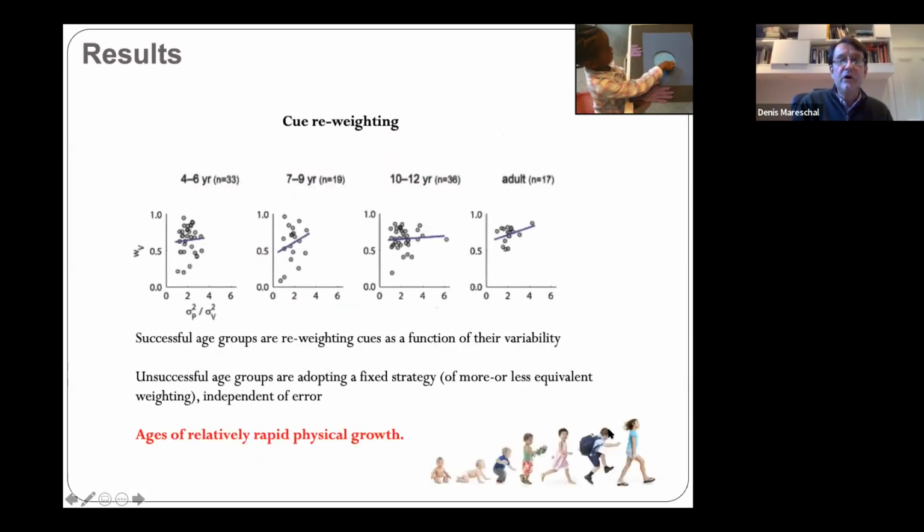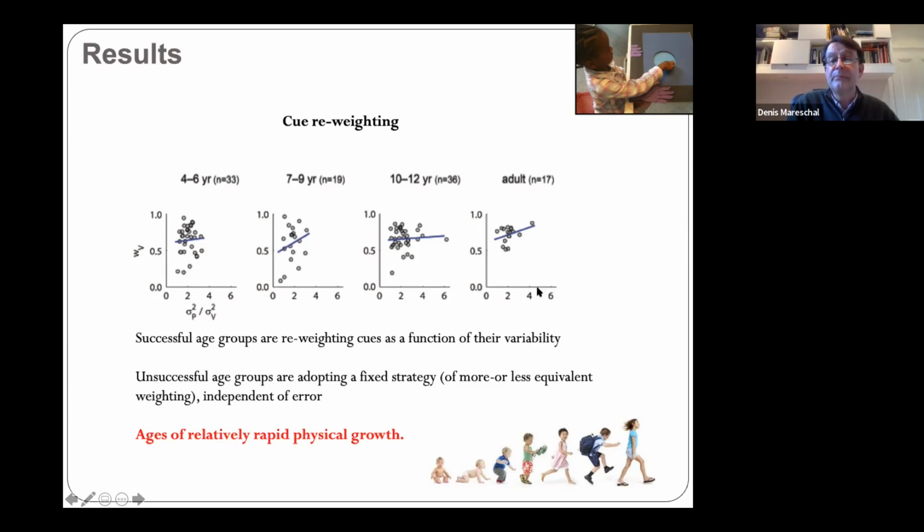Okay. So what about the weighting of cues? Remember, we saw with the slants study that children and adults were able to reweight whether they were paying attention to texture or disparity, depending on the context. And again, here we're back to talking about all of the individuals, not just the ones with low proprioceptive variance, but all of them. This is looking at their weighting of visual cues as a function of how much worse the variance of proprioception is than vision.